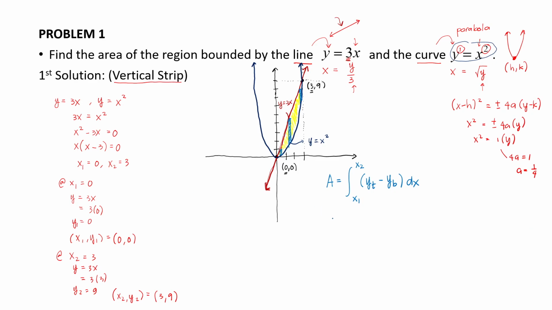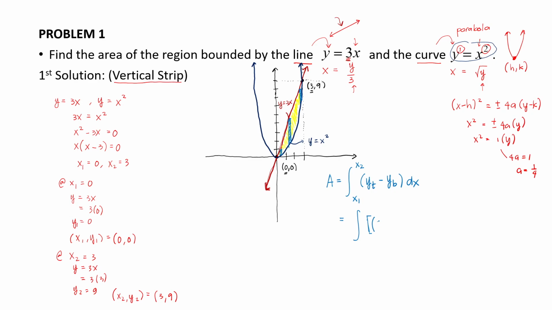Okay, utilizing now the equation, y top first. Take note, I'm using brackets because I think that's a safe way of putting your equations in the calculator. Put as many parentheses as you can so it's enclosed properly and the calculator doesn't get confused.